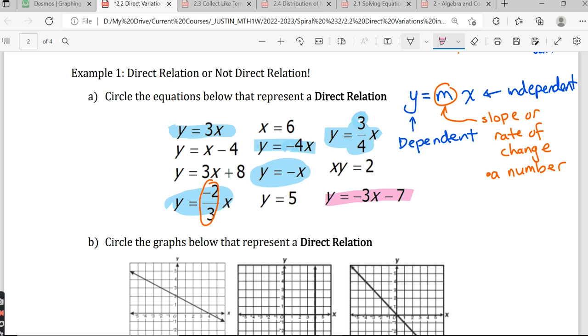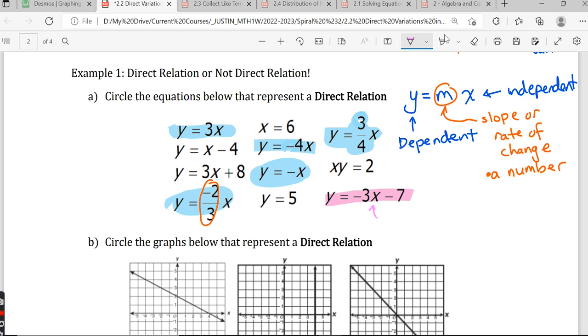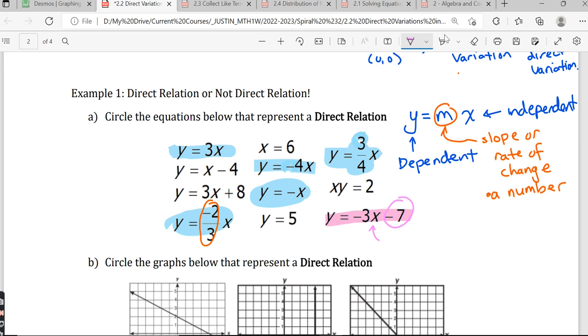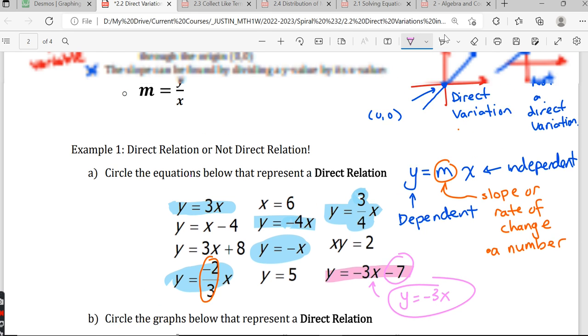You're technically right. So the reason this is not an example of direct variation is because whatever x is, you have to multiply that by -3 and then take away 7 from it. So y does not change directly as a result of x. Whereas if I were to rewrite this as y equals -3x, then yes, this is an example of direct variation because y will change as a direct result of x.